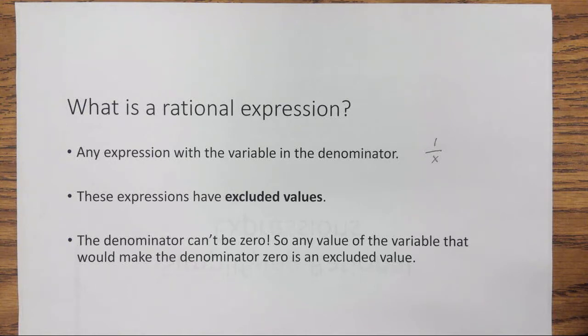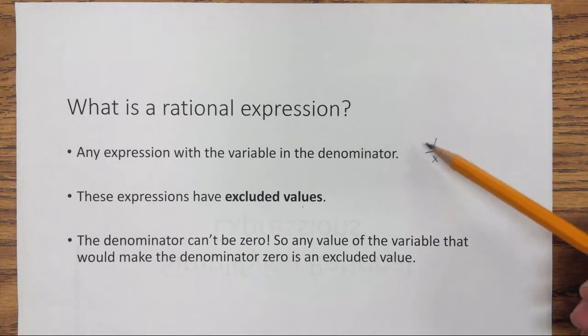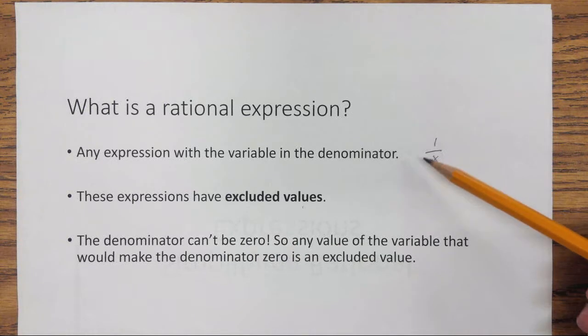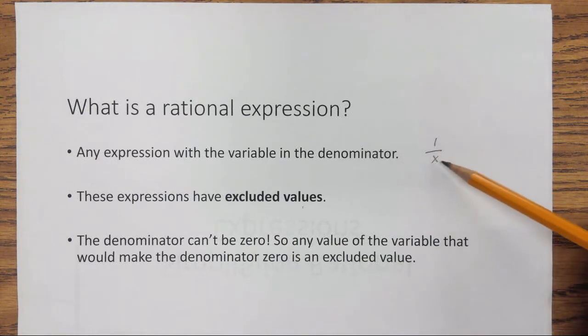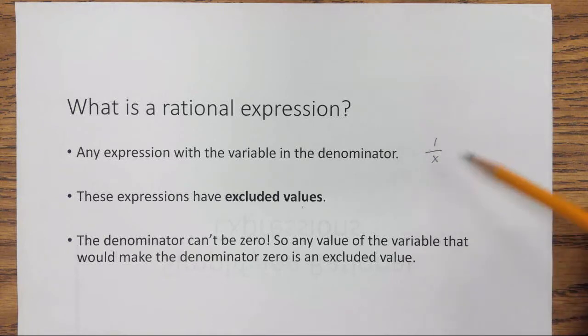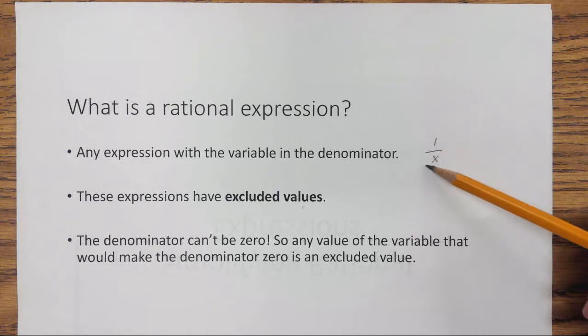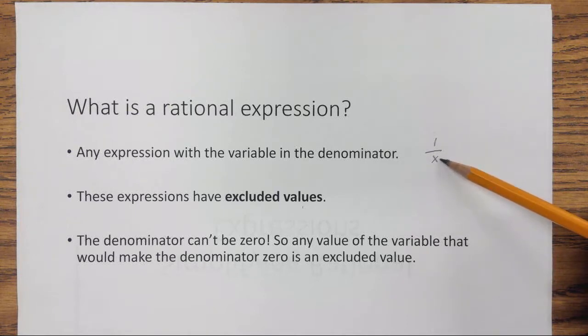Something else that you need to know about these expressions is that they have excluded values. Well, all that means is there are values that I cannot plug into this expression or this function and it won't give me an answer. So for instance, this one, x can't be 0.